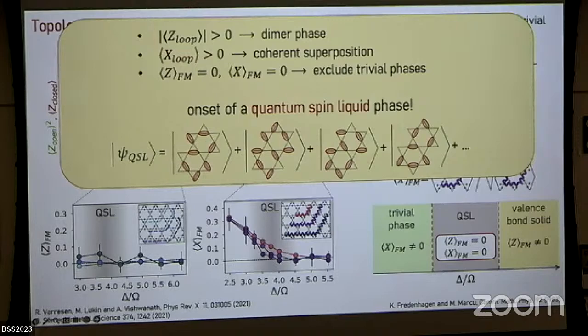So these valence bonds, we don't really know how they look because the numerical simulations are on small system sizes, so we don't know how it should look for larger system sizes, but you're expecting only to see local resonances. So these expectation values should be finite only, for example, if you measure on a single hexagon loop, but if you look at anything bigger, it should go to 0. So we made sure that we measured finite expectation value for larger loops. Otherwise, you cannot say that it's not a valence bond solid. That's a good point.